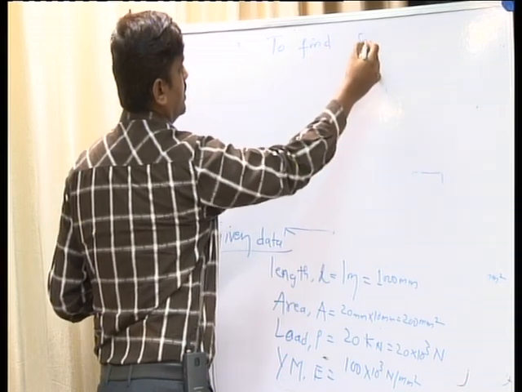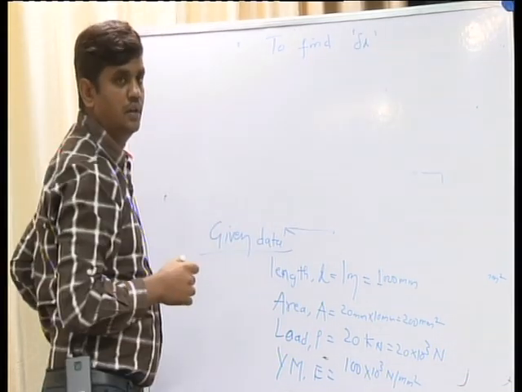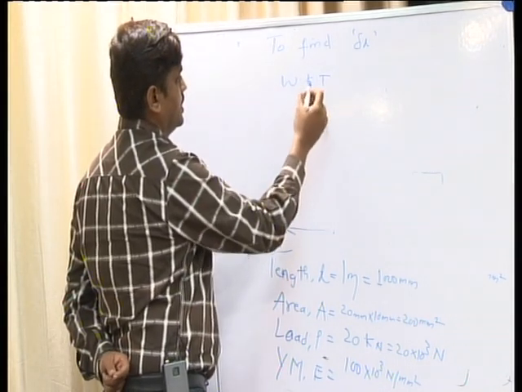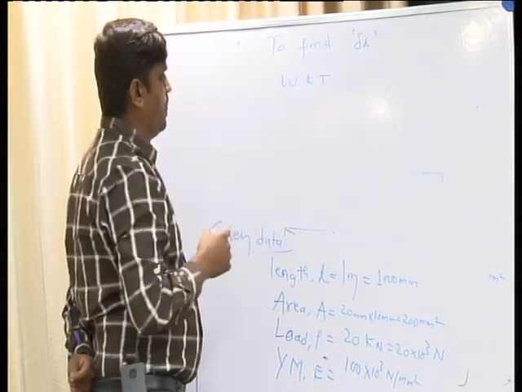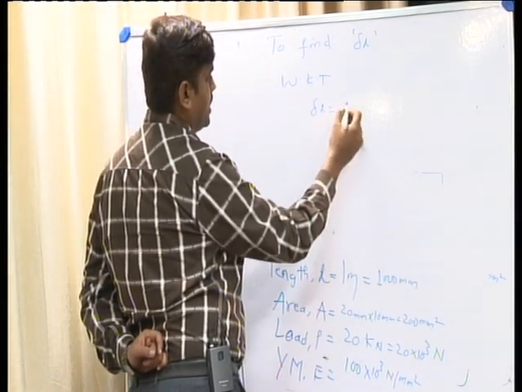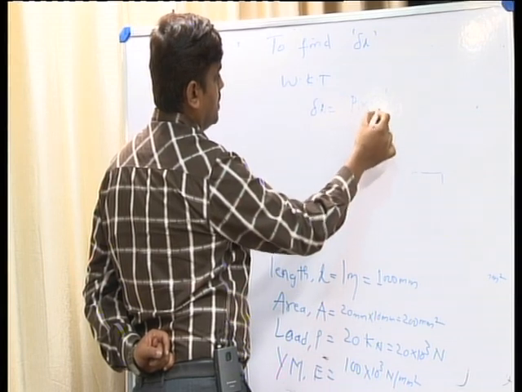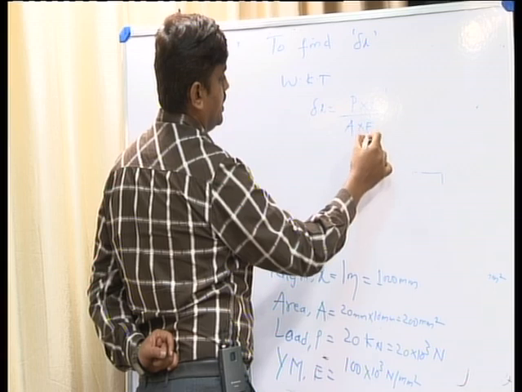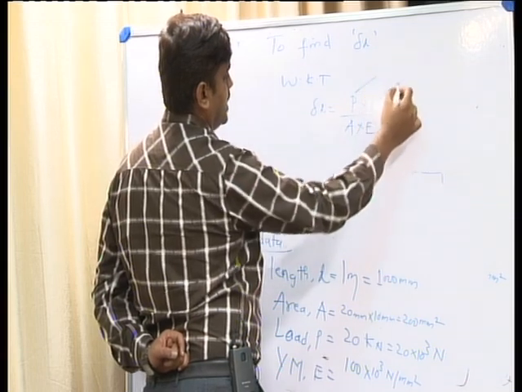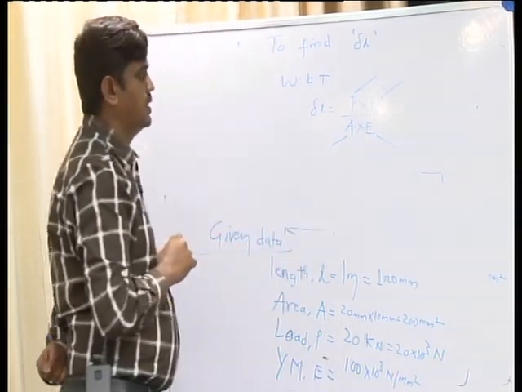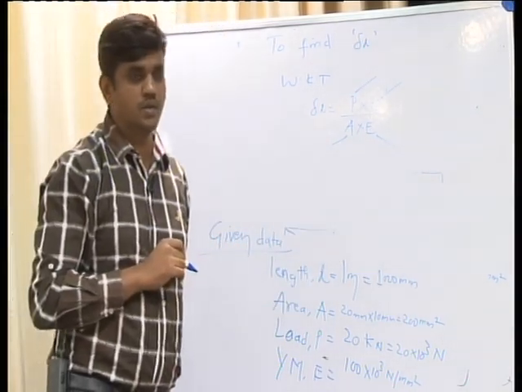We know that, as we simplified in the slideshow, delta L can be calculated using the formula P into L divided by A into E. P is the load, L is the length, A is the cross sectional area, E is the Young's modulus. These are the known values.